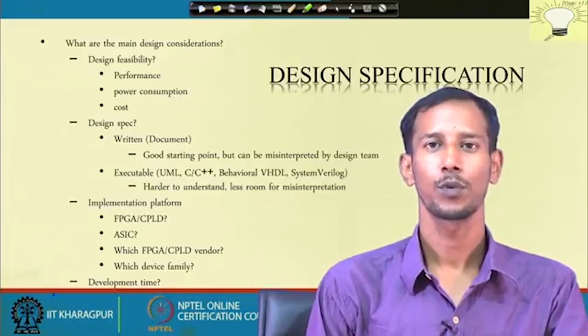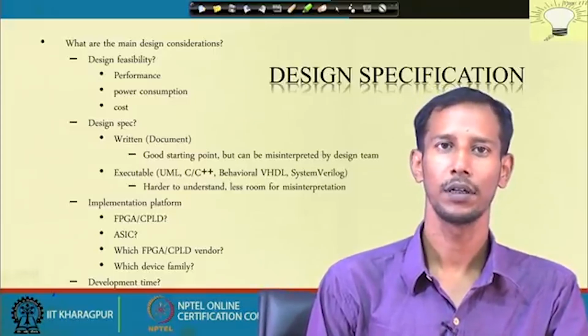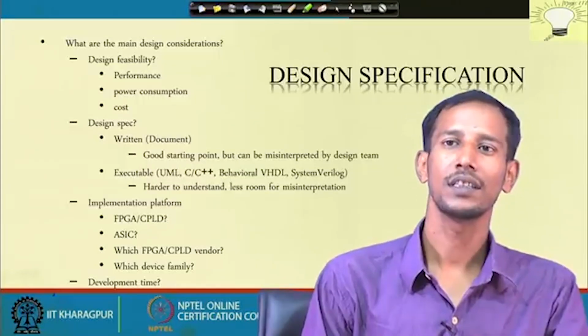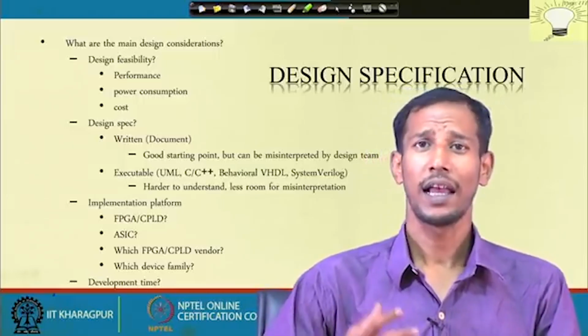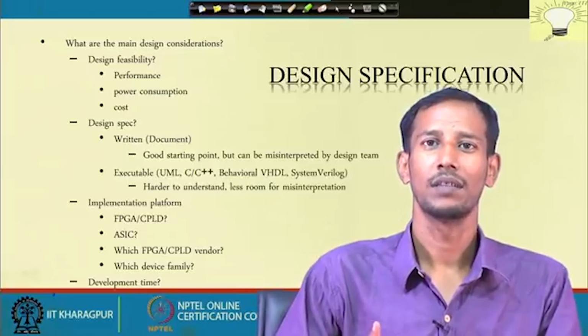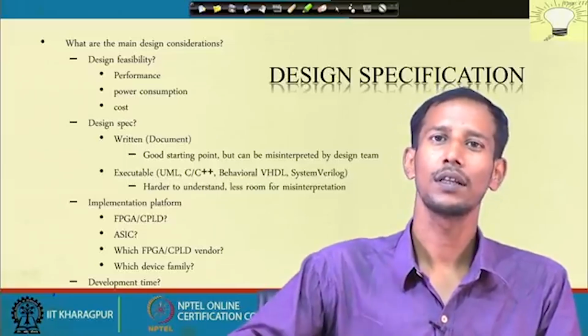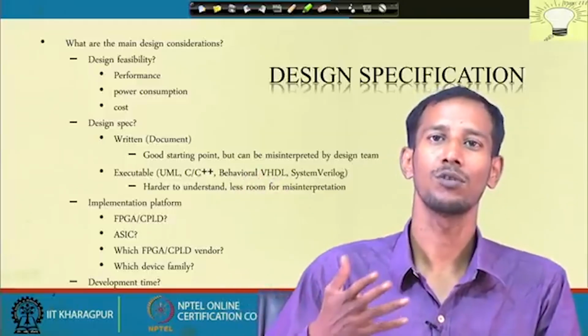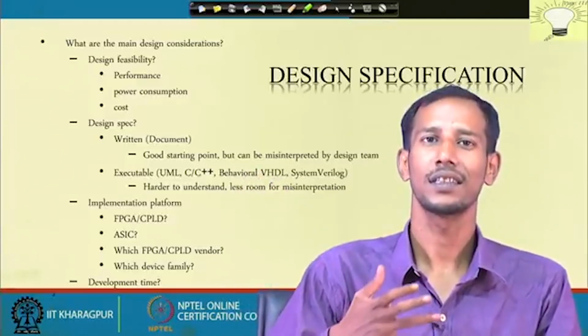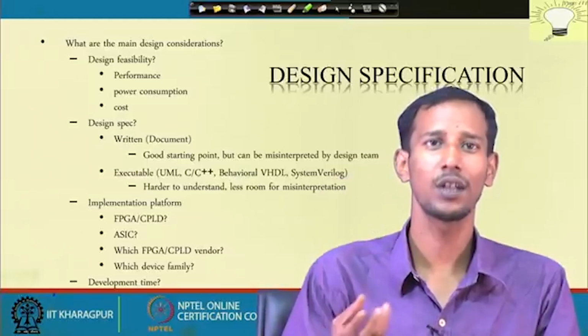I have to check. Why do I have to check for these things? Performance: it is not that I expect it to be on the higher side, which may not be feasible, or which as a designer is very hard to achieve.